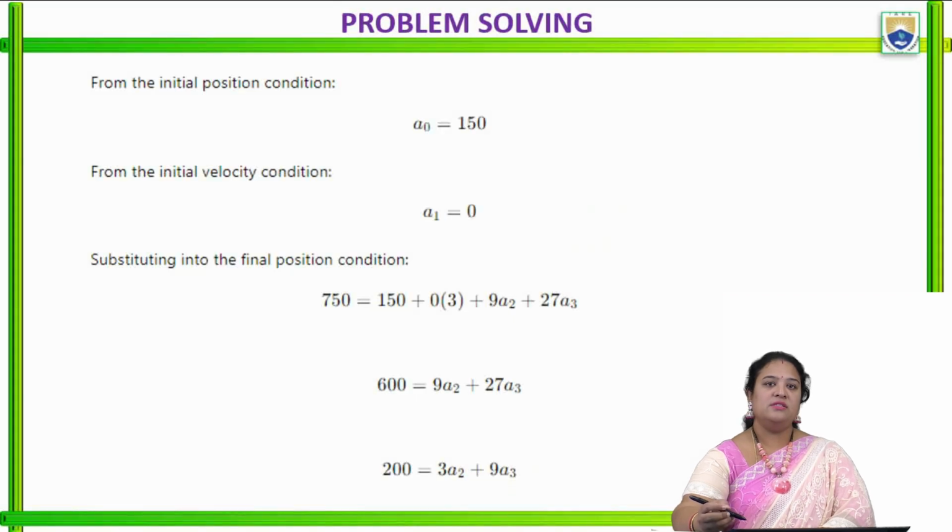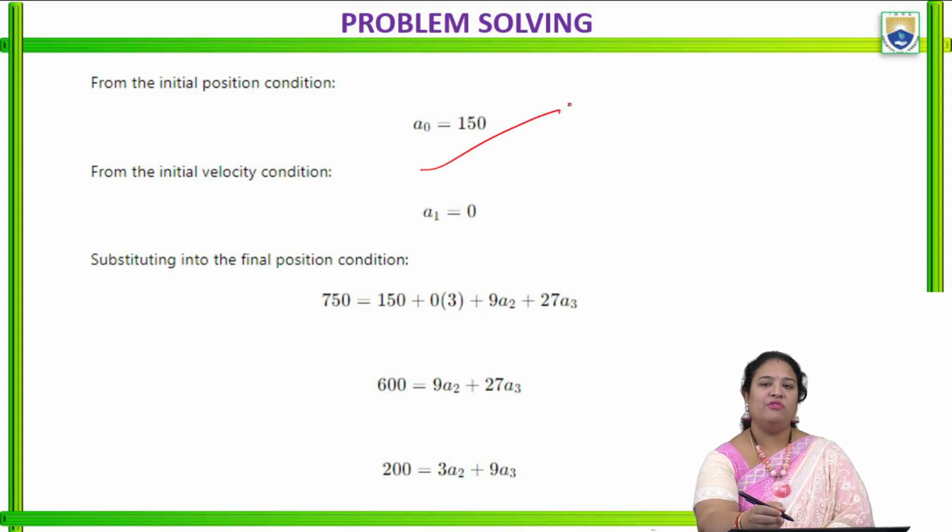Now from this we have got a0 is equal to 150 and a1 is equal to 0. At the initial position, a0 is equal to 150 and the initial velocity a1 is equal to 0.